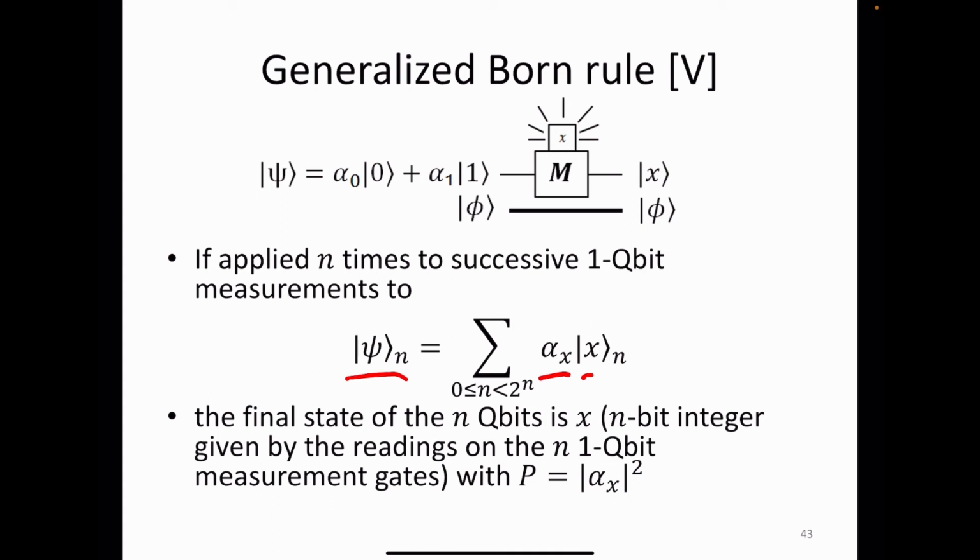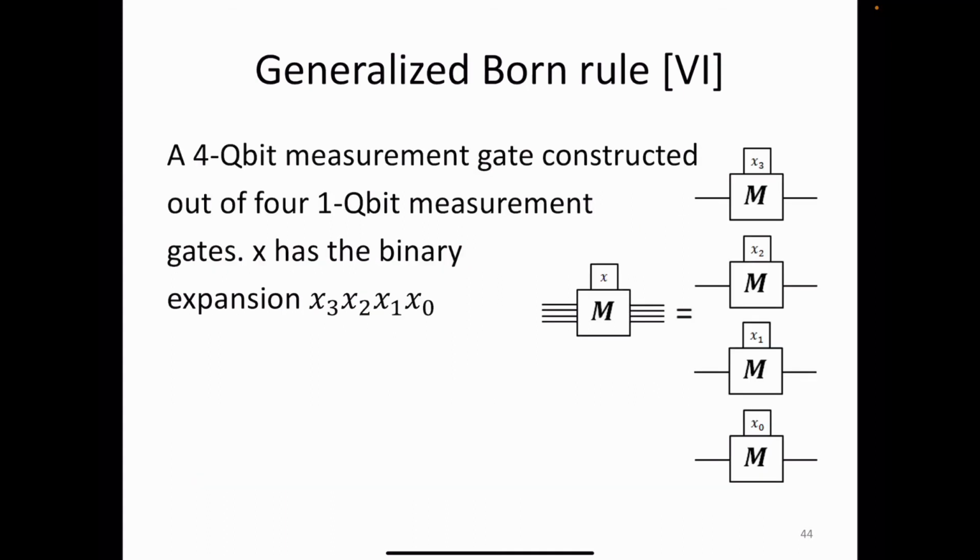So it's an n-bit integer given by the readings on the n 1 qubit measurement gates with the probability, again, alpha sub x squared. So if you execute a measurement on all the qubits in sequence, then again, you will end up with one definite state, a multi-qubit definite state.